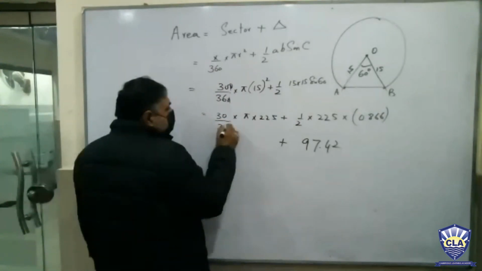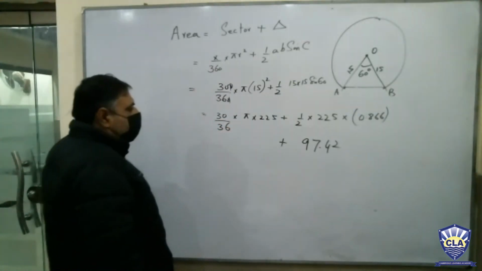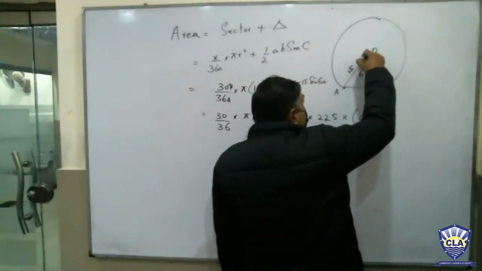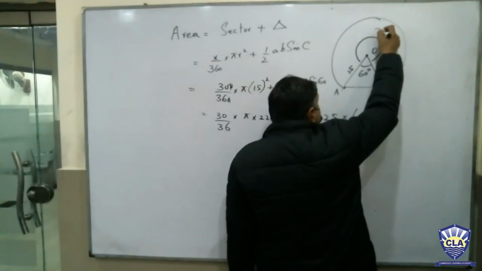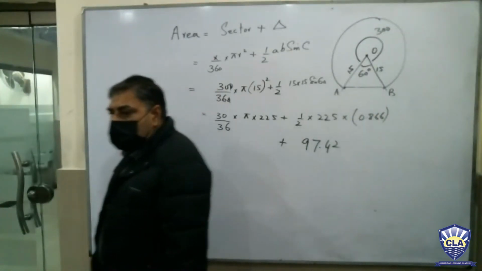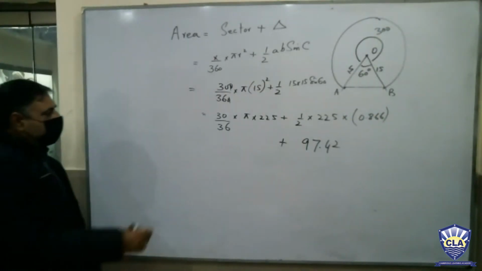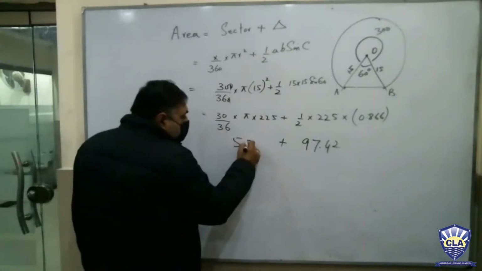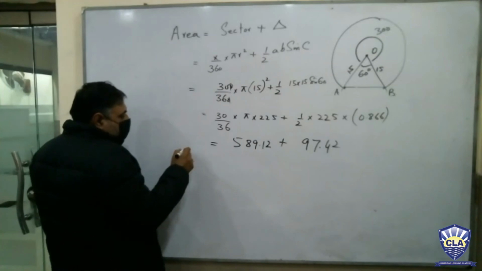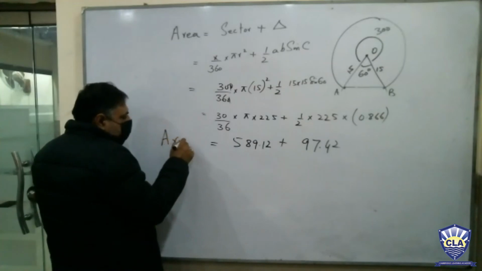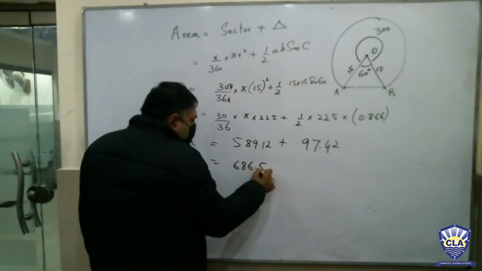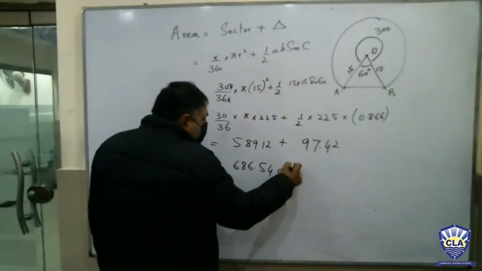It is 300 upon 360. Add these two, 589.12 and 97.42. So area is 686.5 centimeter square.